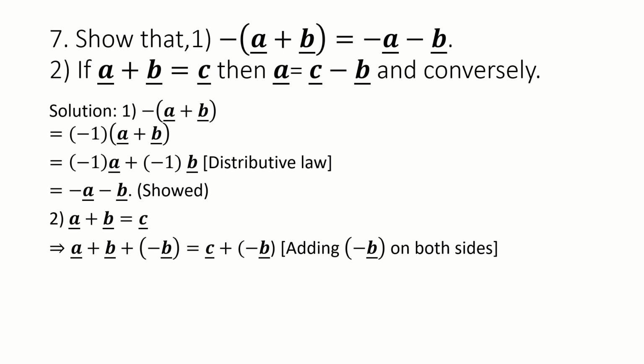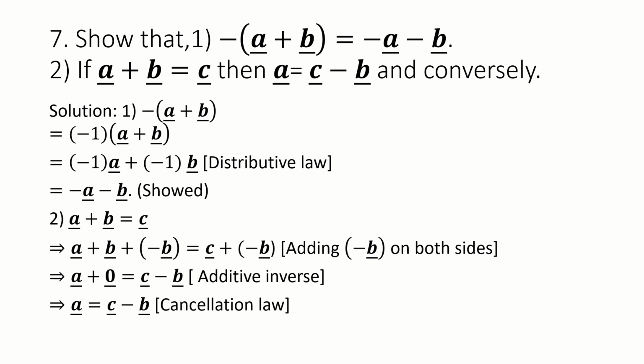Okay, we can write A vector plus 0 vector equals C vector minus B vector, additive inverse. This equals A vector equals C vector minus B vector, cancellation law.